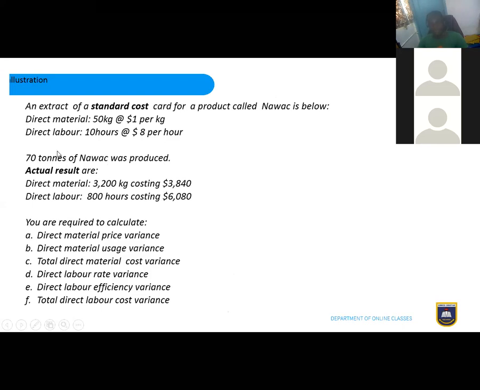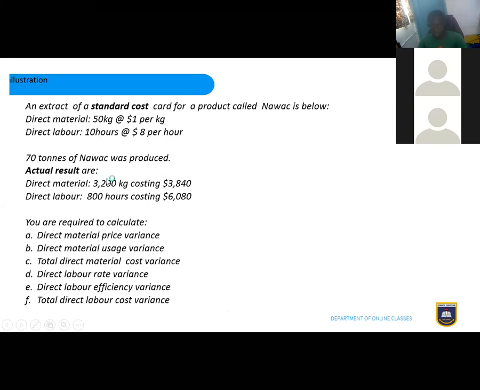We have 10 hours. Okay. Here, we need the total or the summation of the hours that was spent in producing 70 tons. Okay. So we need to multiply the 10 by the 70.